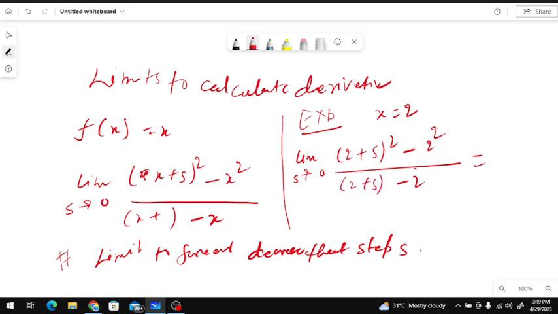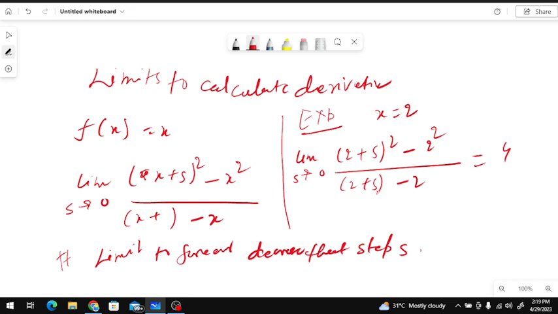Using (a plus b) whole squared, the squares cancel, and it becomes 4s by s, so s is cancelled and we get 4. Forever approaching, the step size s tends to 0 but never reaches it. Remember, we cannot touch the point x equal to 2.